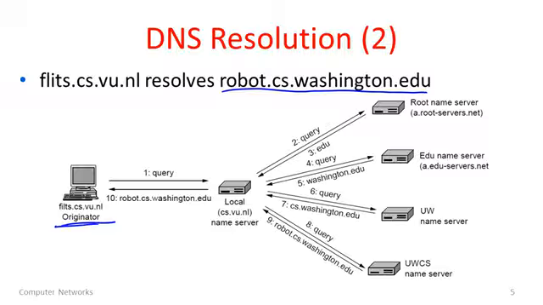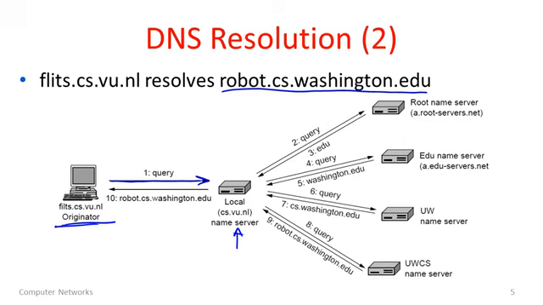So what does Flits do? Well, I'm going to write over some of these steps. First step is that Flits will send a query to its local name server. That's this machine here. This is some machine that's just on the campus maybe, and it's serving all of the machines in the computer science department as their name server. It's going to help them with these translations.